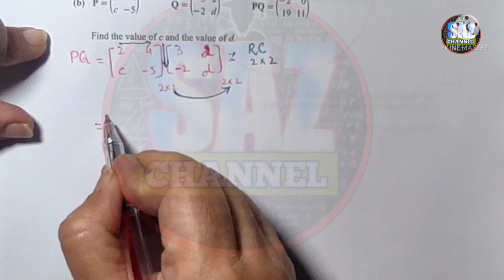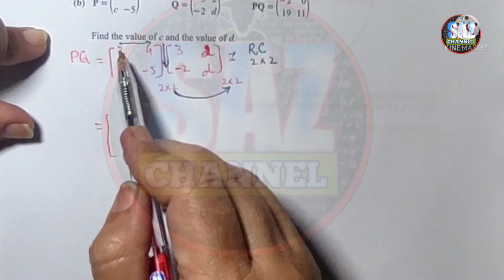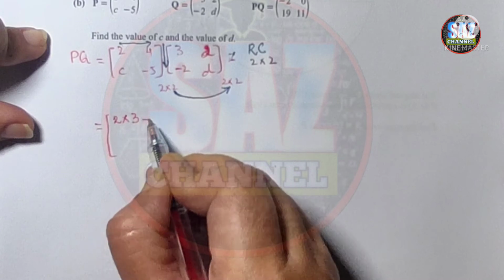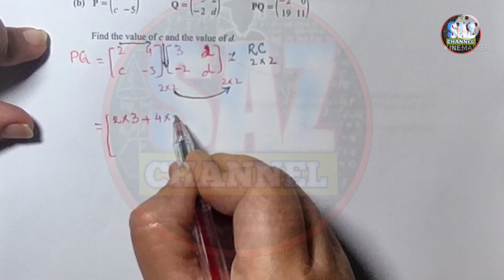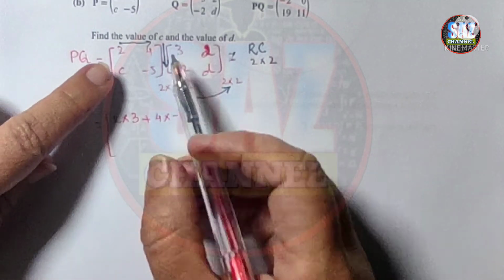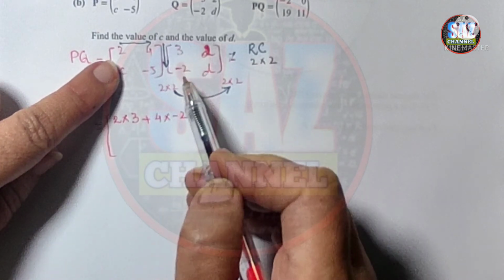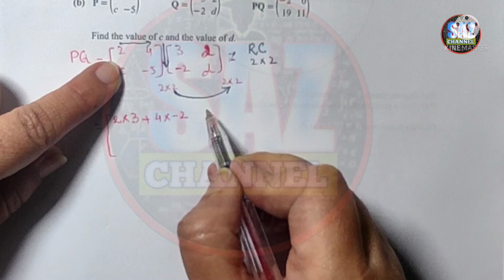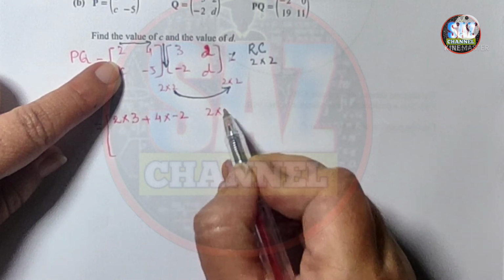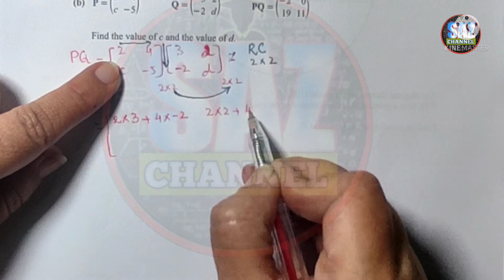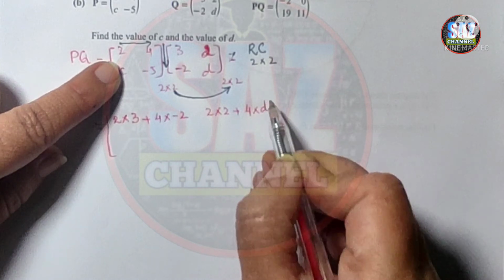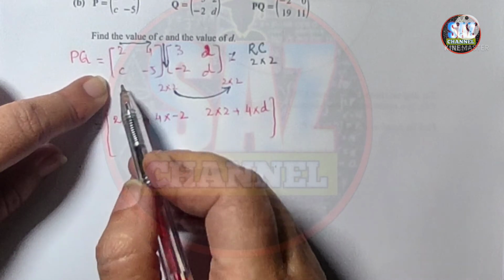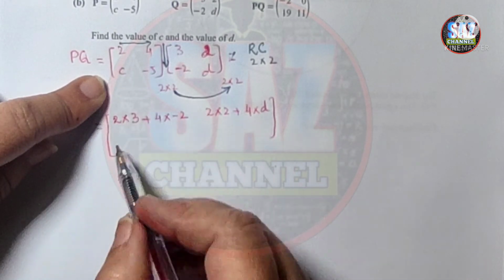So 2 will be multiplied by 3 plus 4 multiplied by minus 2, and now with the first row, this column is done. I have to jump to this first row with the second column. 2 multiplied by 2 plus 4 times D, and close the bracket, and then I have to repeat the process with the second row.